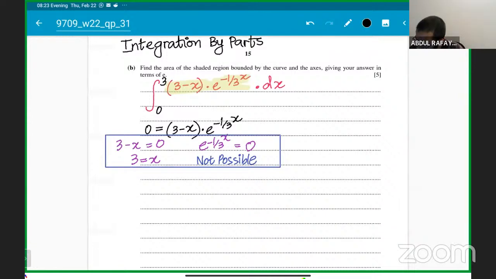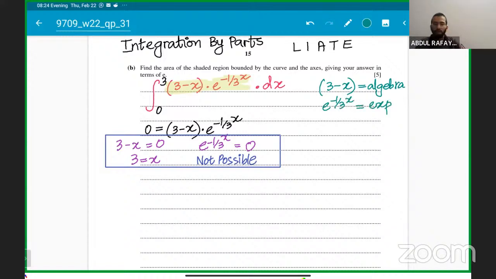The formula we already know, LIATE. Again, the same thing: 3 minus x is algebra, and e power negative 1 over 3x is exponential. Understood that?